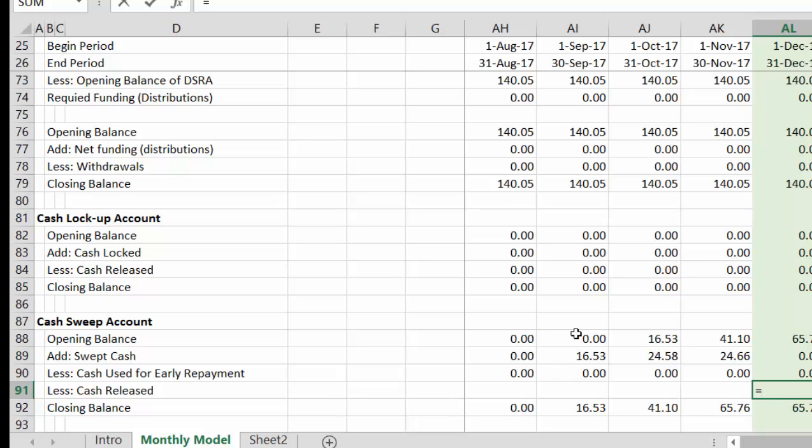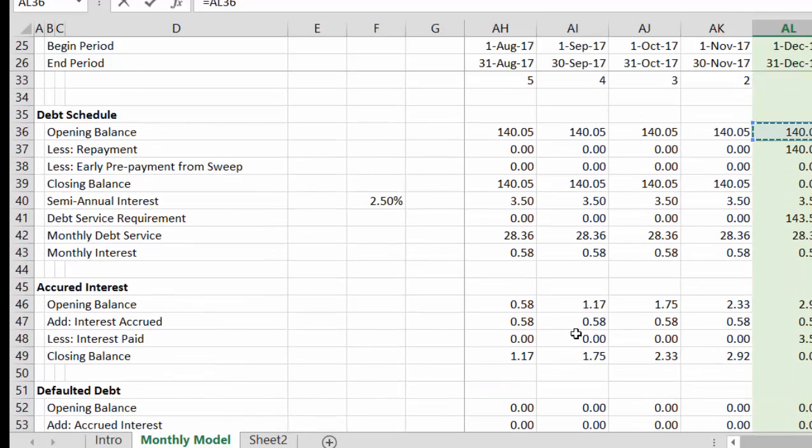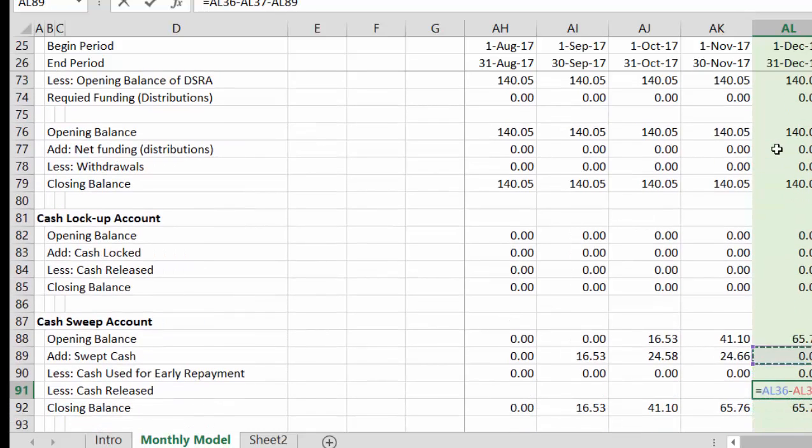So let's just take this line. So this only occurs when it's a repayment period, and when it is a repayment period, we can take this minus the opening balance and see how much we can release.